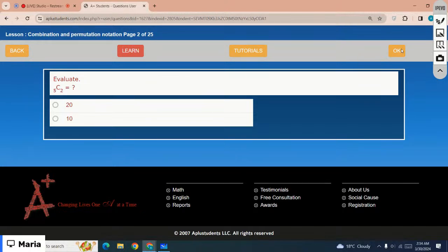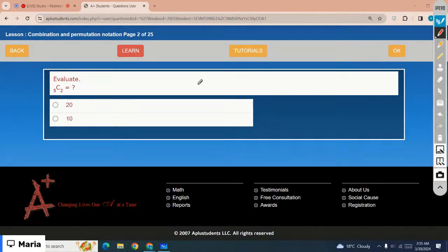Okay, the next one is 5C2. You have to evaluate the combinations. So when you have to evaluate the combinations, you always use the formula, that is nCr equals n factorial divided by r factorial and n minus r factorial. You have to evaluate 5 factorial divided by 2 factorial and 5 minus 2 factorial.